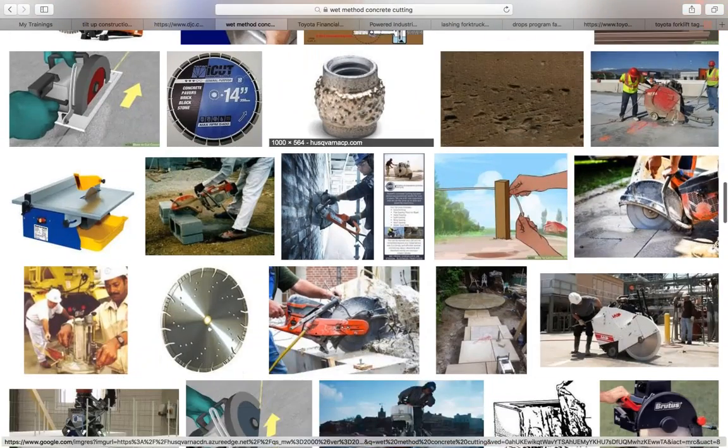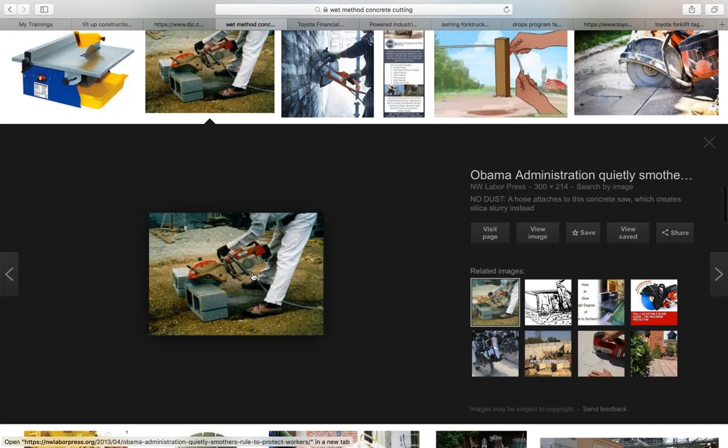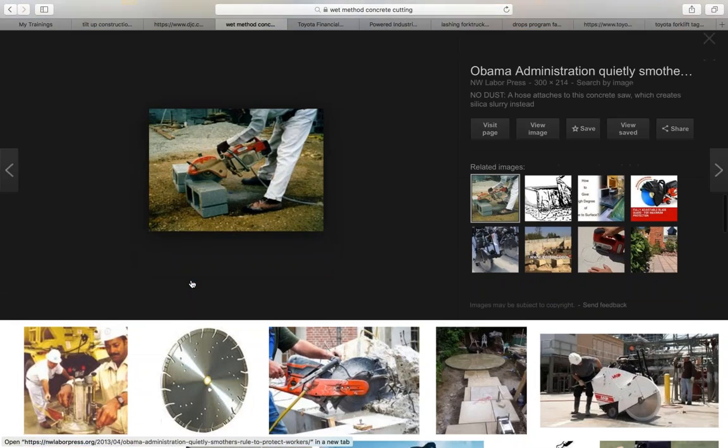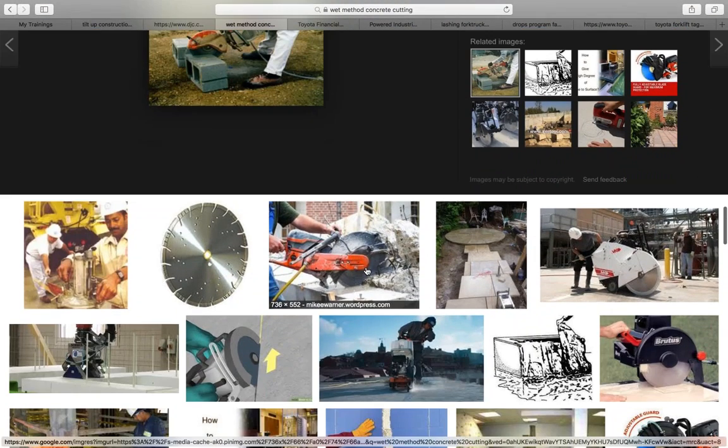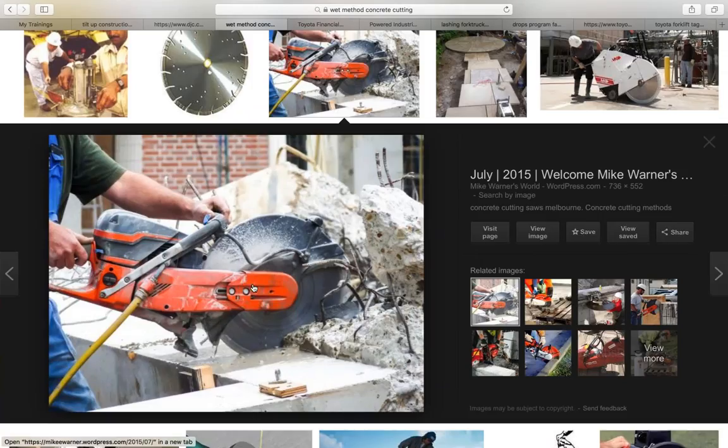It's going to be something that's rated to get wet. Here you go. You see this is a gas saw here. It's a gas saw. There's a hose attachment. So where they're cutting this brick, it's engineered to where it's cutting that brick while it's wet, and therefore it's reducing the risk of dust. Okay, and there's another example of one as well right there. Okay, that's wet cutting. You see that hose, and it's a gas powered saw.